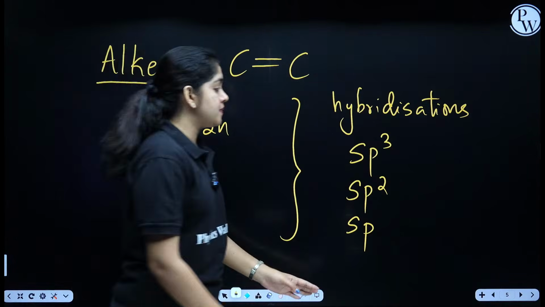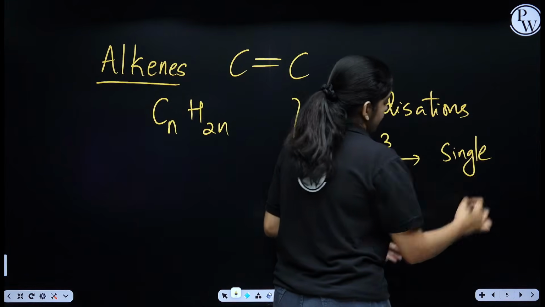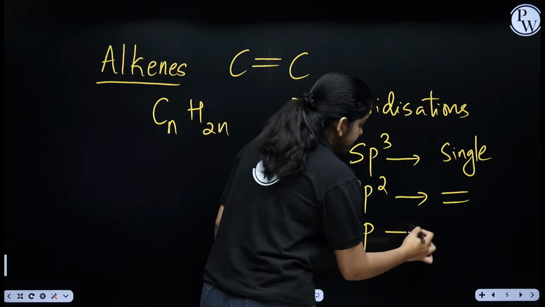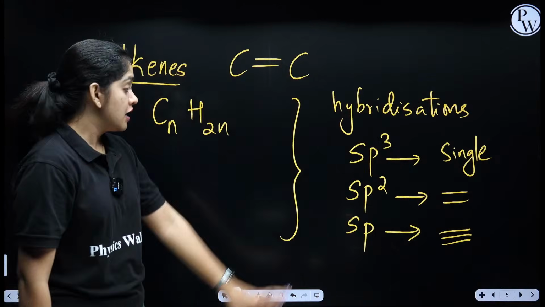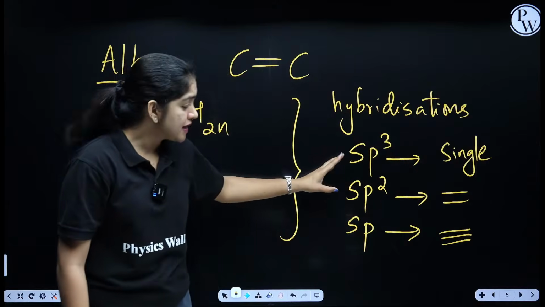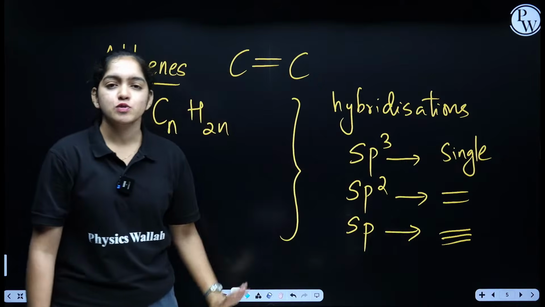SP3 hybridization means all the bonds are single around the carbon. If it is double bond, it will be SP2, and if it is triple bond, it will be SP hybridization. First learn the base. Okay, hybridization, if it is single, it will be SP3. If it is double, it will be SP2. If it is triple, it will be SP.